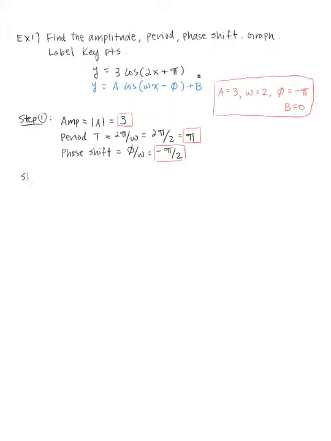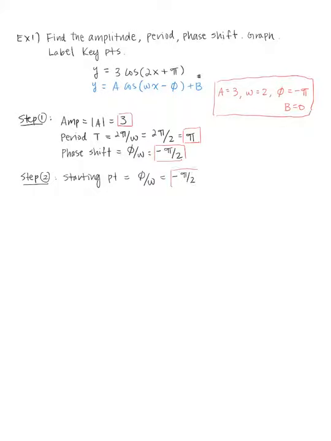Now let's go with step 2. Step 2 is we're going to have to get the starting point. I'll write every step out. Starting point. The formula for that is phi over omega, which is negative pi over 2.